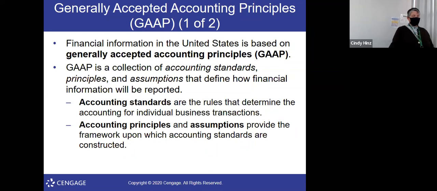Other countries have their own standards. There is something known as IASB, International Accounting Standards Board, that sets international standards, but I do not want you to think the US has one set of standards and all the rest of the world follows the international standards. That is not the case. Many countries choose to have their own standards.